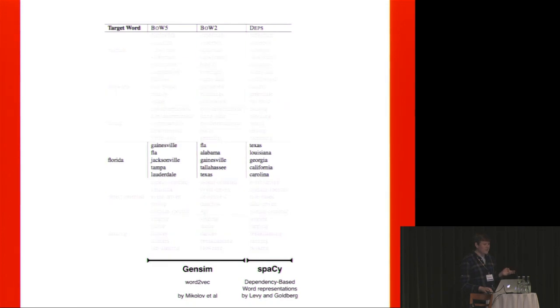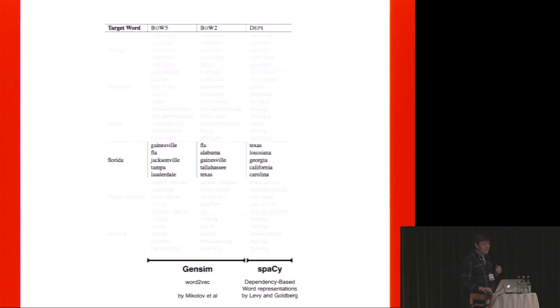And this is quite interesting again. If you put in the word Florida for the word2vec bag of words, you end up with cities in the state of Florida. If you also take the role in the sentence into account, you end up with other states like Texas, Louisiana, and California.